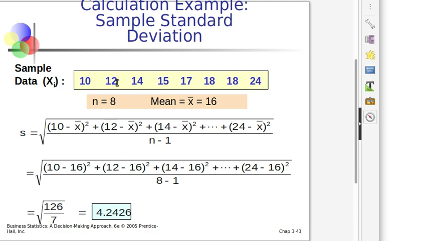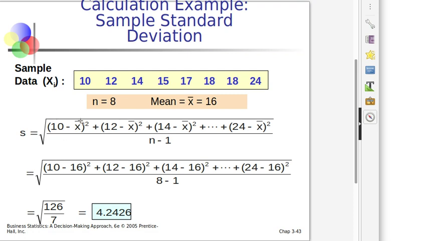We add it to the next element, again subtracted by the mean, squared, add the next, which is 14 minus the mean, squared, up to 24 minus the mean, squared. Now, divide it all by n minus 1 because this is a sample.